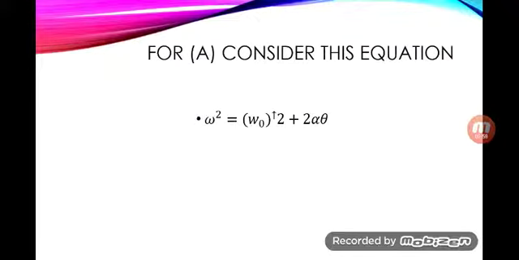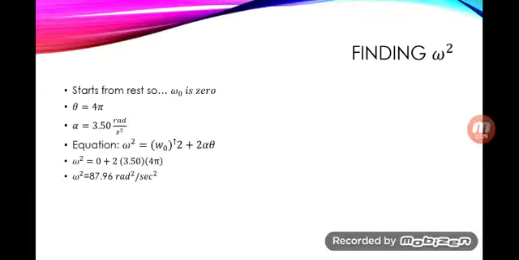Next, first things first, we have to find the angular velocity. To find angular velocity using acceleration and theta, the angle traveled, we need to use this equation. It started from rest, so you can remove the initial velocity squared because you don't need it in this one.